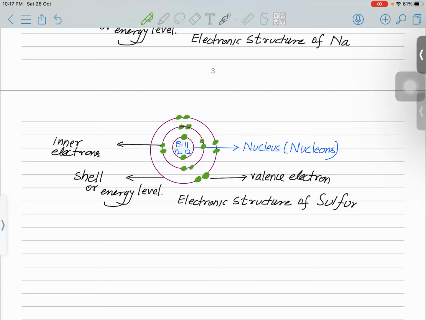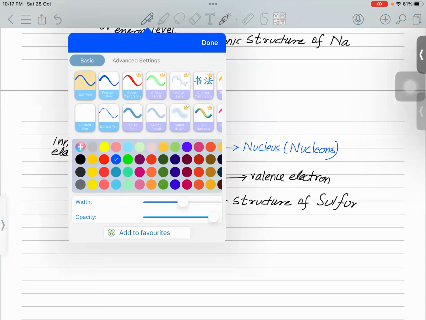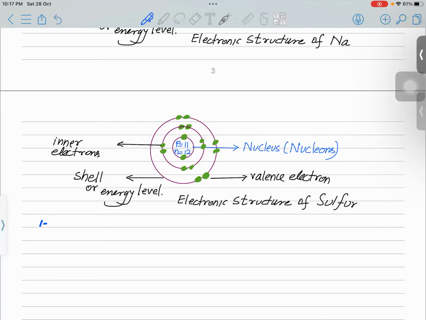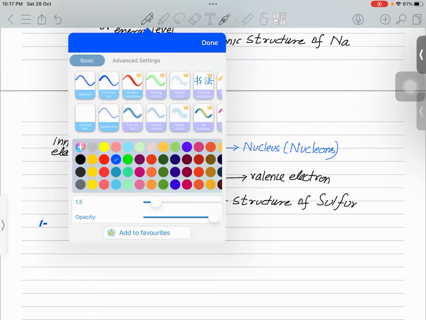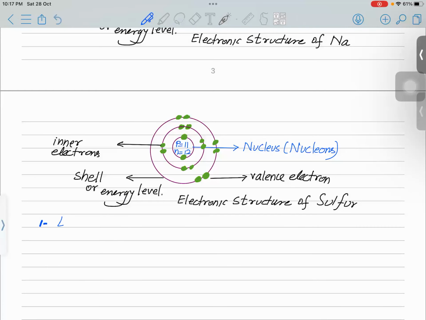Now electrons are arranged in shells around the nucleus of an atom. First point: electrons revolve around the nucleus.